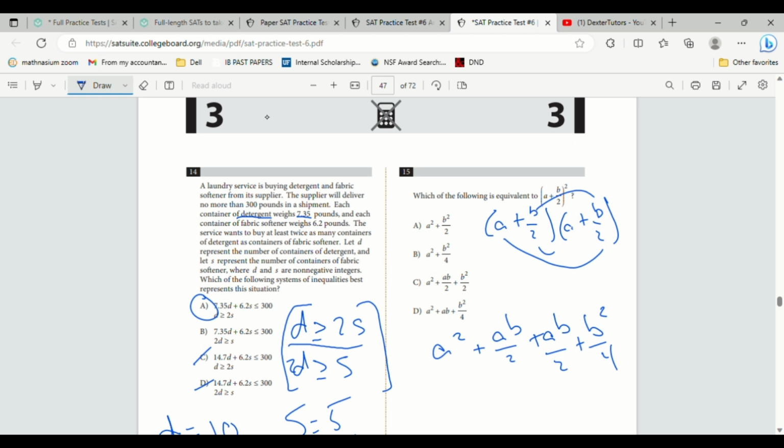So this looks like A squared plus 2AB over 2 plus B squared over 4. It is not A or C, since it's not B squared over 2, and we can reduce this 2AB over 2 by dividing out that 2, leaving us with 15 as D.